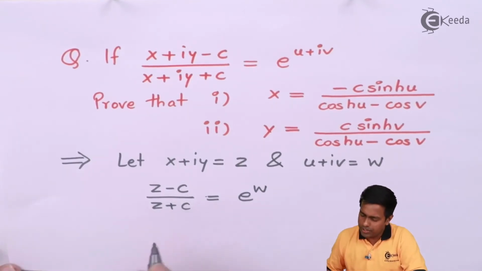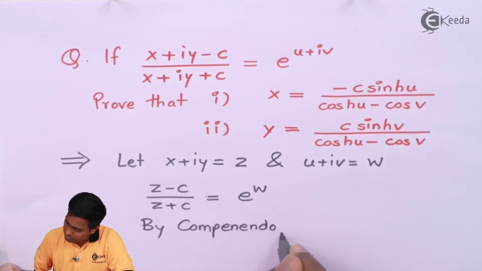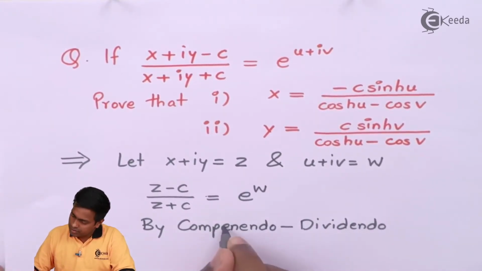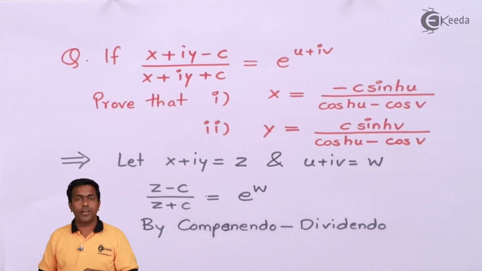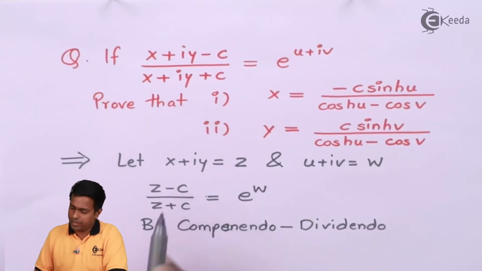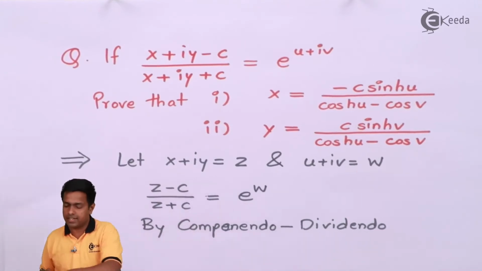So by doing the componendo and dividendo, this is the componendo and dividendo process. By this process we'll add the terms in the numerator. If we add, then that will become z - c + z + c, c cancels.